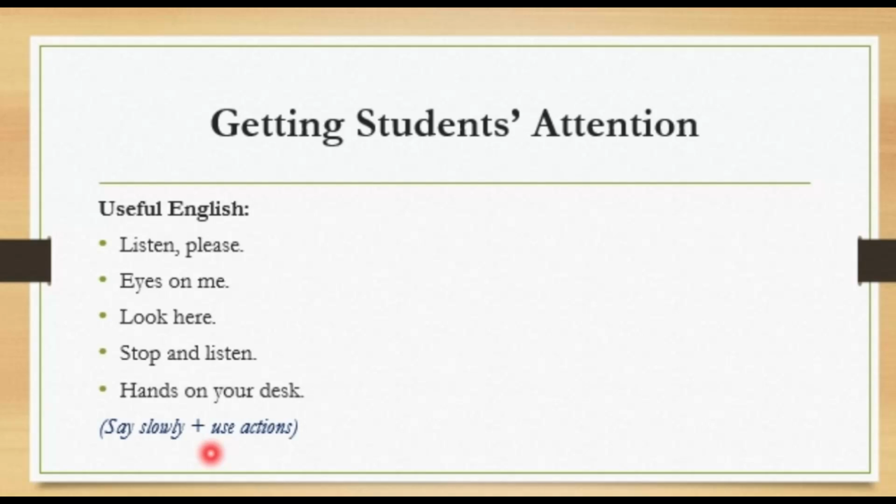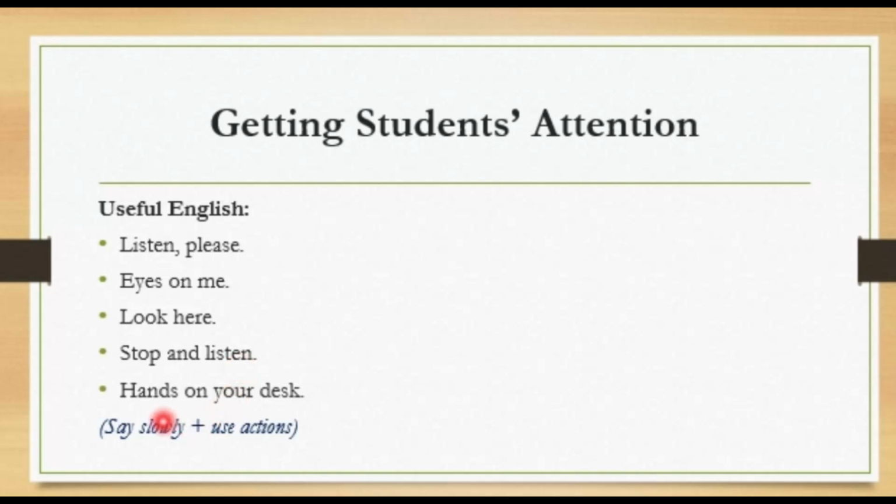Right. So classroom management is also related to getting students' attention. If we can control the class really well, we will get students' attention. So we can use some of the phrases. I've listed some examples here. Listen, please. Eyes on me. And look here, by showing them a picture or something. And stop and listen.